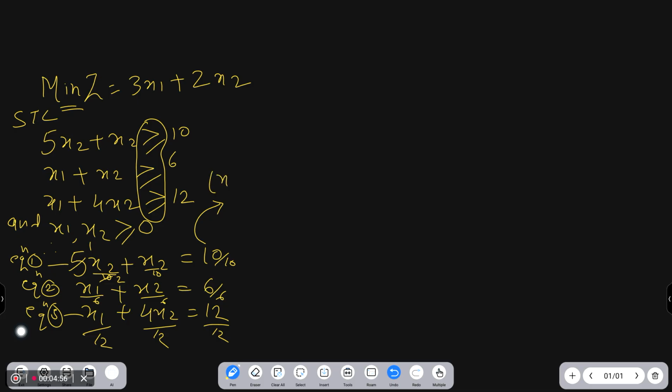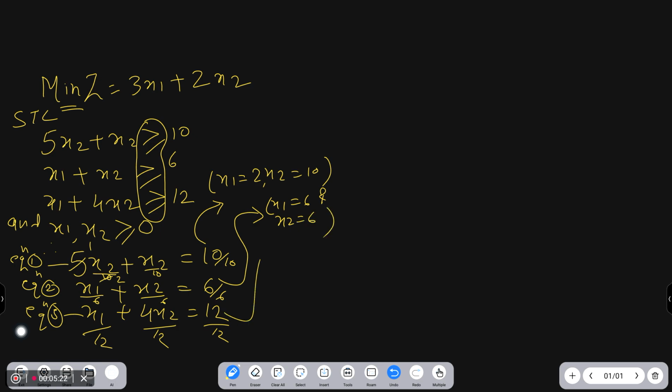So x1 is equal to 2 and x2 is 10. These are the coordinates of my equation number 1. What about the second one? Here 6 and 6. Here x1 is 6 and x2 is also 6.